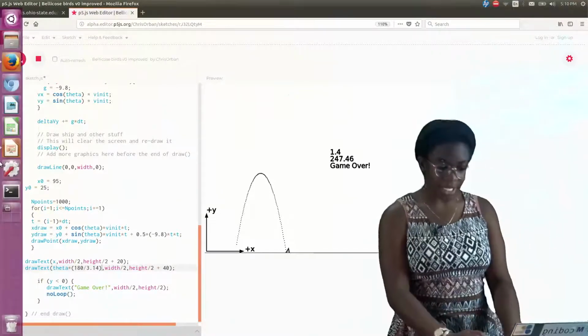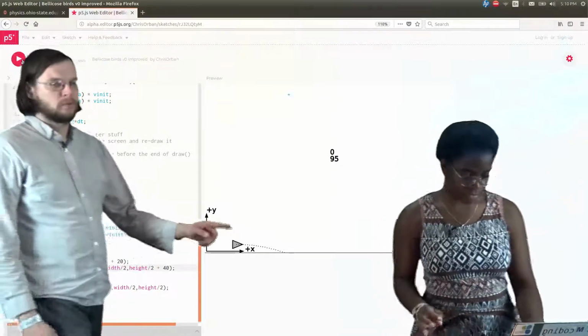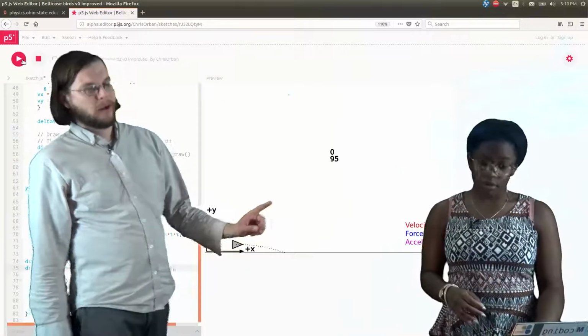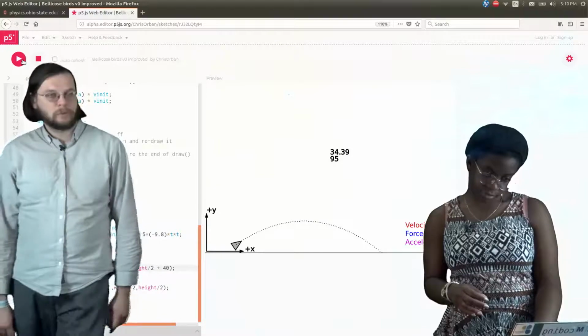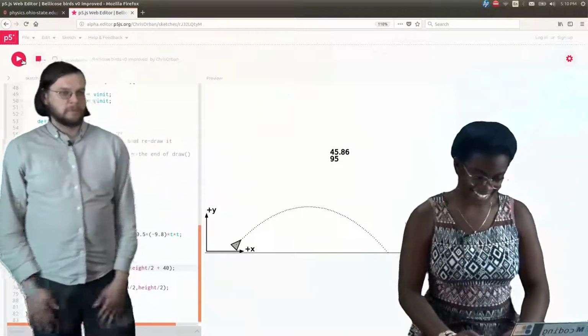So let's go ahead and run it again and see if we did it correctly. You want to point on a diagonal and see if that gives you about 45 degrees. Ooh, 45.86. That looks pretty good to me.